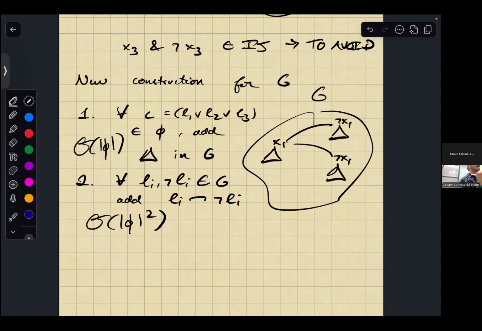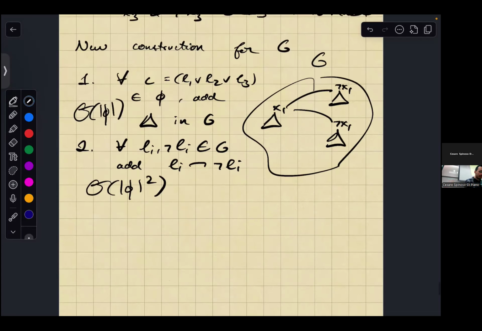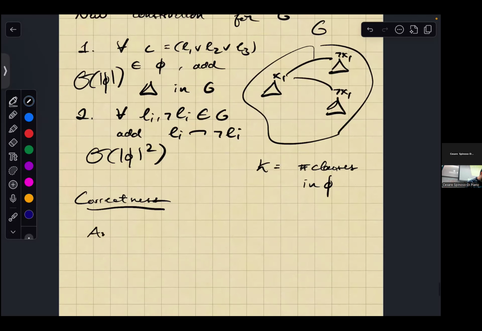The nice thing, though, is that now this works. So now I can argue the correctness. So this is G, right? And K is going to be the number of clauses in phi, right? Same K as before. But now I actually do have correctness, meaning I do have yes if and only if yes. So I'm going to argue this. If the answer to the 3-SAT problem is yes, what does this mean?